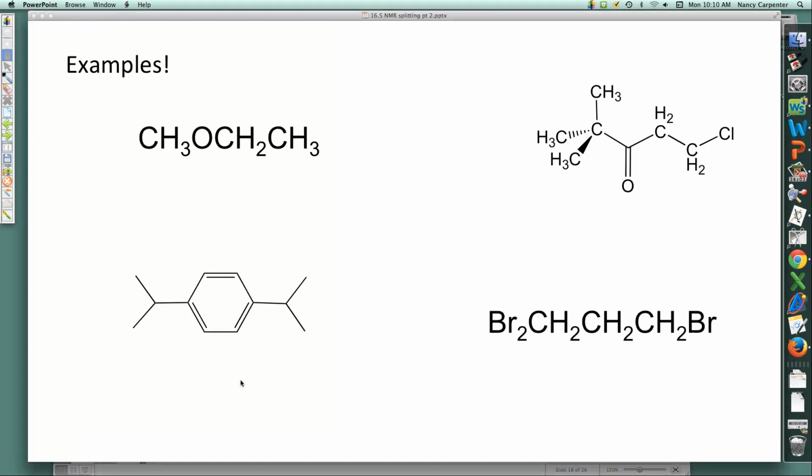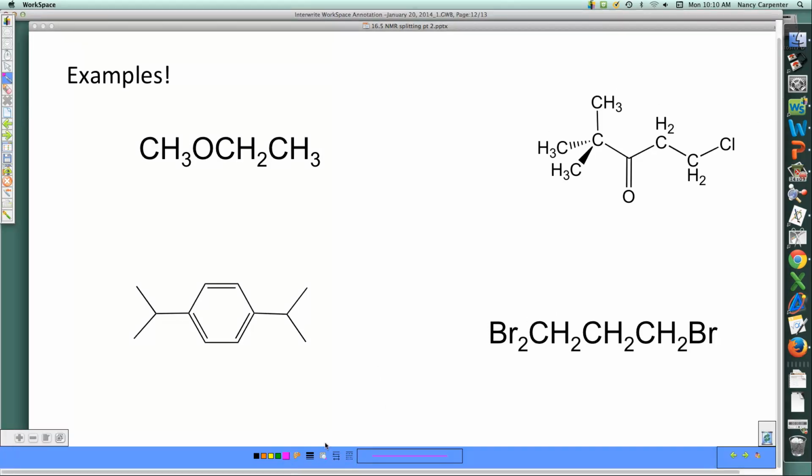And last example, again, a pretty symmetric one. So we have 4 there and 2 here.